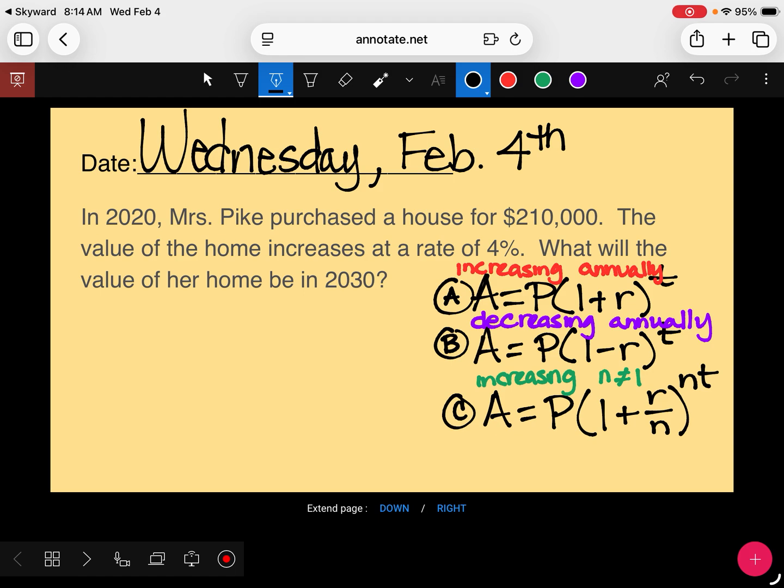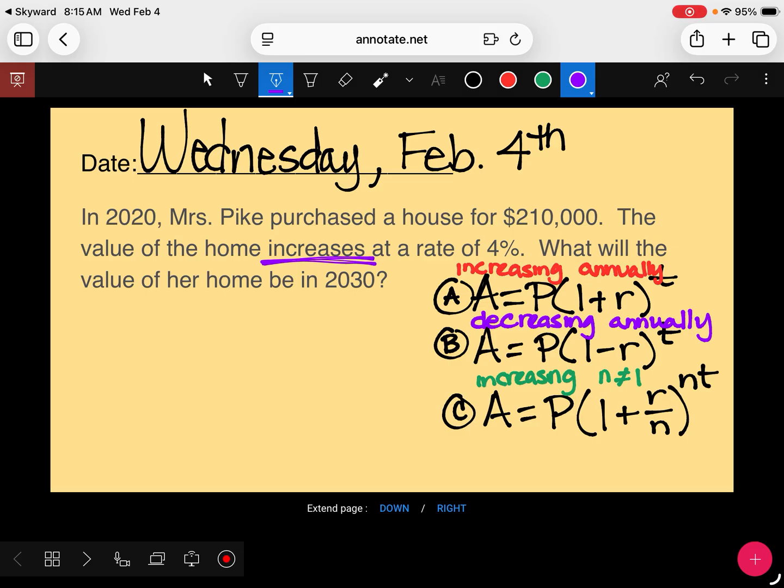So the question says, in the year 2020, Mrs. Pike purchased a house for $210,000. The value of her home increases. That's an important word. At a rate of 4%. What will the value of her home be in 2030?